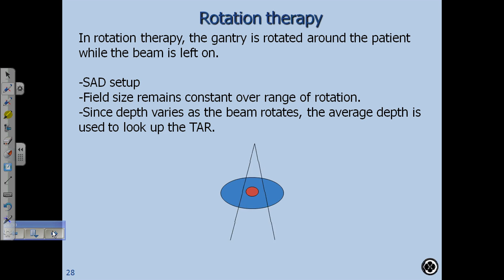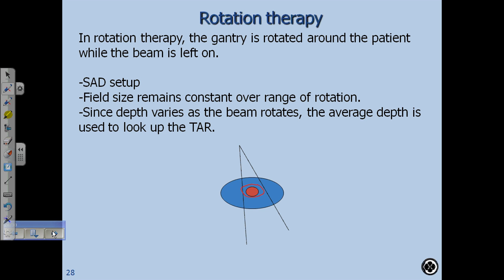Typically this isn't used as much anymore, but back in the day, even before 3D conformal radiation therapy, we would use rotation therapy for prostates because the prostate is nicely in the center of the body. It's a round structure, and the isodose distribution for rotational therapy kind of follows the external surface, so it would look oval.